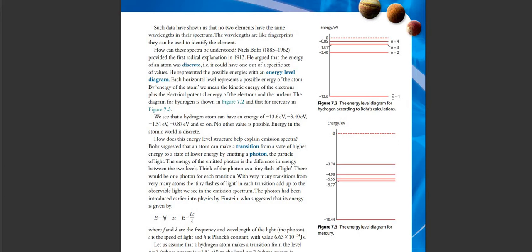So n equals 1 over here is what we consider to be the ground state of any electron in an atom. All the electrons in all atoms will always prefer to be in the n equals 1 state because that's the lowest energy level. To give an analogy for that, you can imagine it to be kind of like a ball on top of a hill.